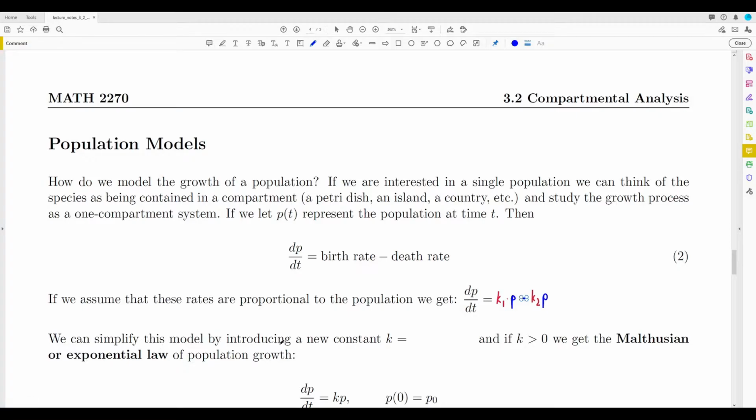And we can simplify this model by introducing a new constant k, and that constant is k1 minus k2, because it lets us rewrite this as k1 minus k2 times P, right?